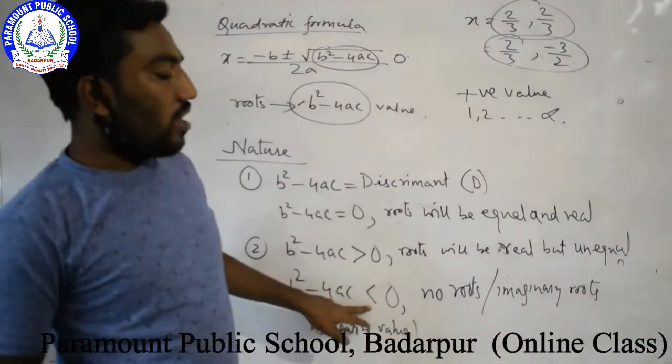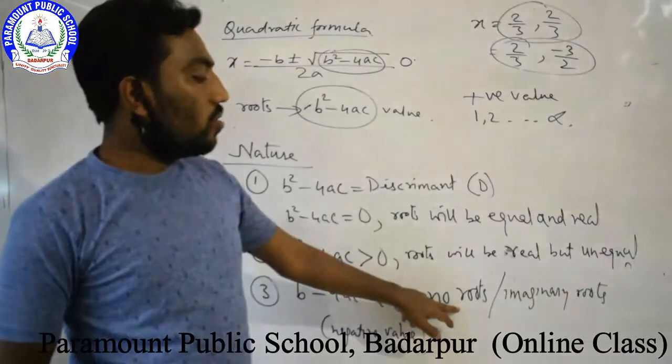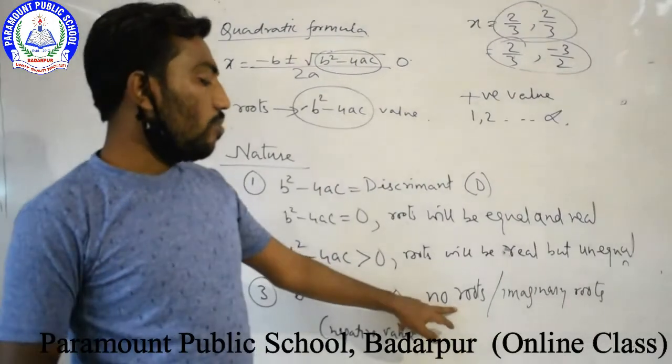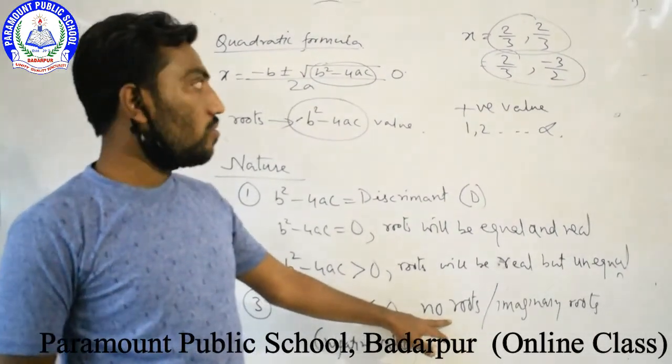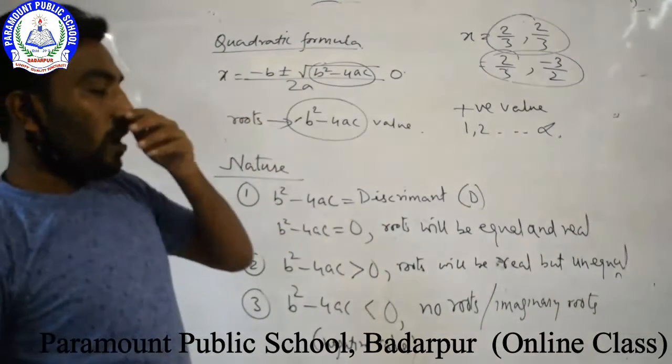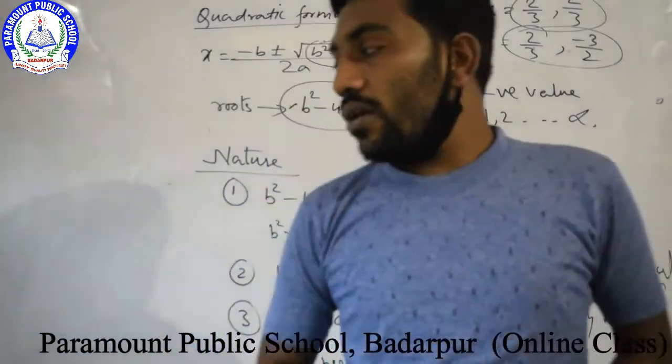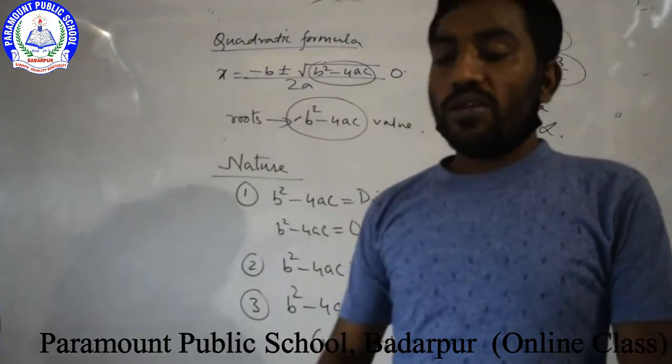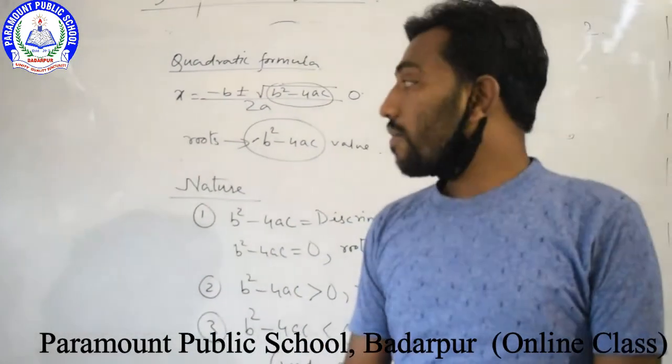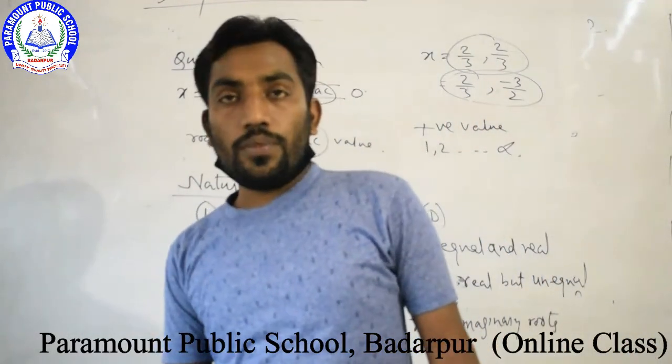When this situation arises, we need not to solve the problem. No need of solving the problems. Okay, student? So this is the entire topic in this chapter. Based on these topics, I will be discussing the numericals on the next video. Thank you.